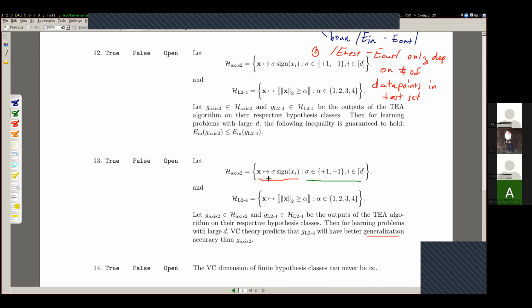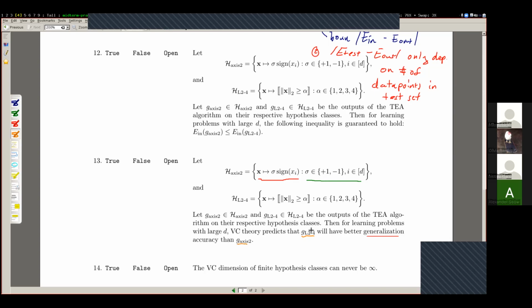Correct. But the answer to this, let's see, is about the ERM algorithm on the respective hypothesis classes. For learning problems with large D, VC predicts that g_1 will have better generalization error than g_2. So g_1 right here is going to have smaller generalization error than g_2.